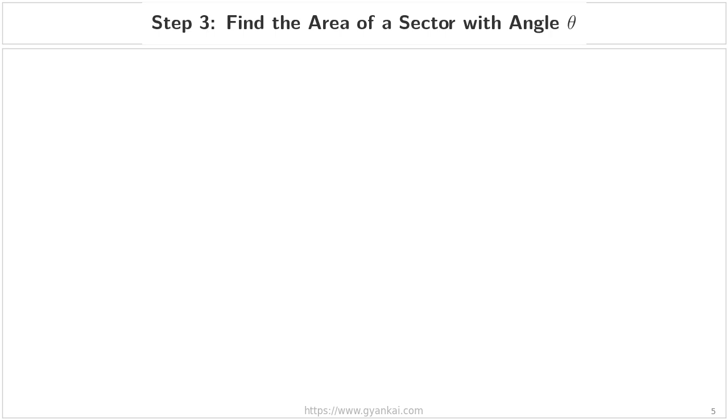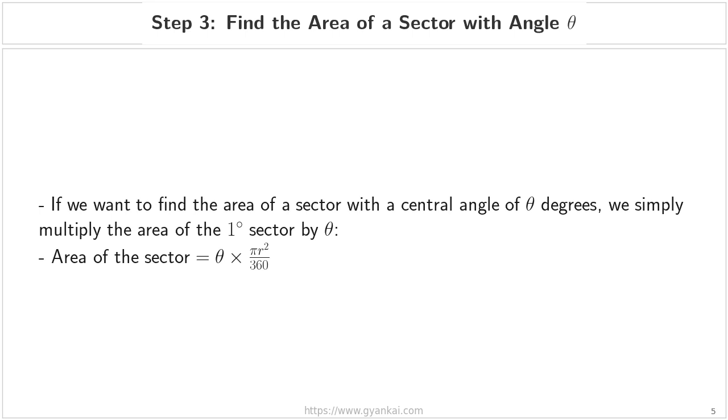Step 3. Find the area of a sector with angle theta. Now that we have found the area for a single degree, let's bring it all together to find the area for any angle we might encounter. If we want to find the area of a sector with a central angle, which we will call theta degrees, we simply take that 1 degree area we just calculated and multiply it by theta.